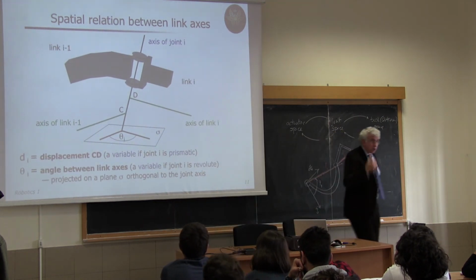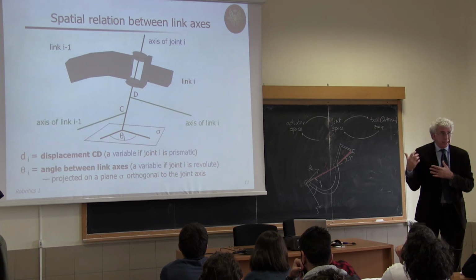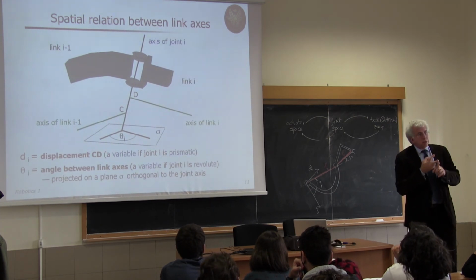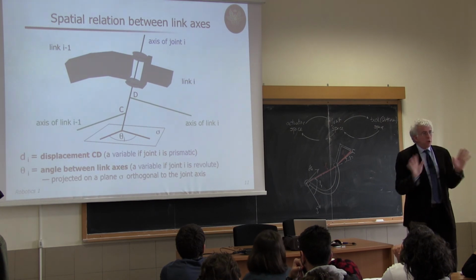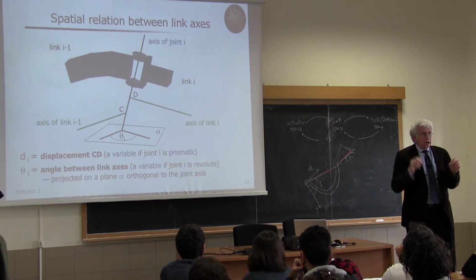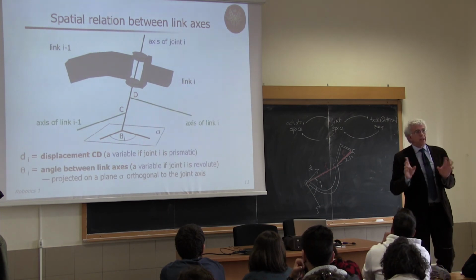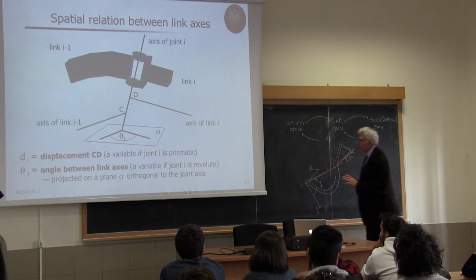So with respect to the previous slide, we have still defined two variables, one linear and one angular. But in the previous case, both were constant, and now one of the two is constant and the other is variable, and this depends only on the nature of the joint.